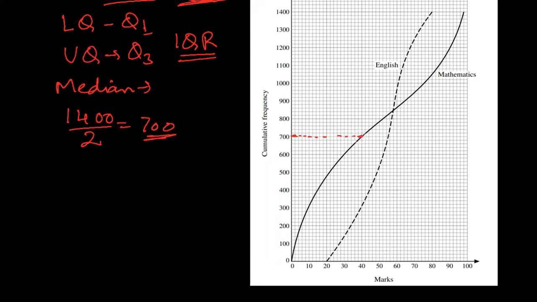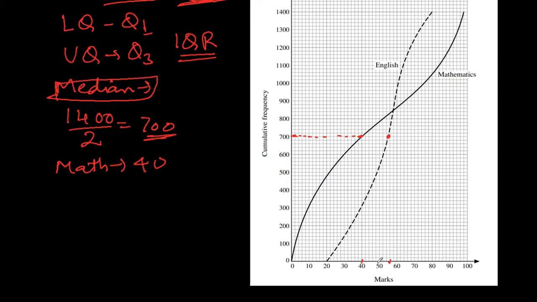So this is for mathematics, and here this is for English. For mathematics, the median will be, let's go down, exactly at 40. Now for English, we'll go down like this.